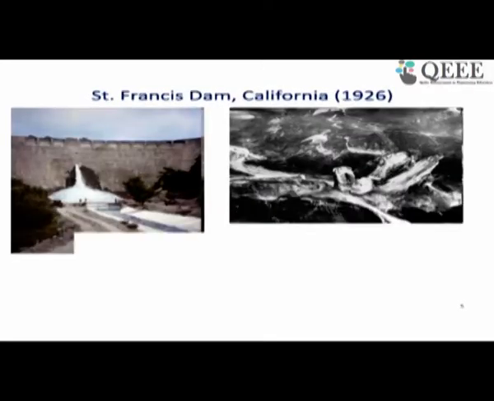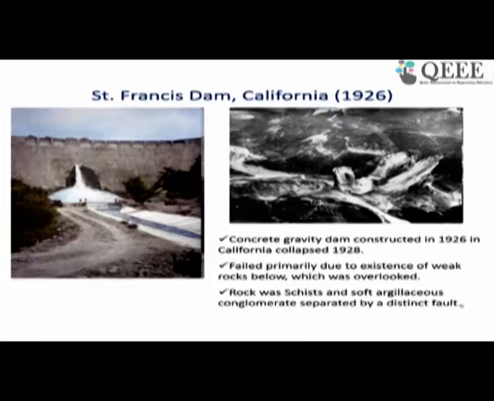Now, again we'll see some of the failures which happened because of inadequate investigation. We'll go back to the San Francisco Dam failure in California, which happened way back in 1928. This dam was built in 1926, and just after 2 years, that is in 1928, it collapsed.